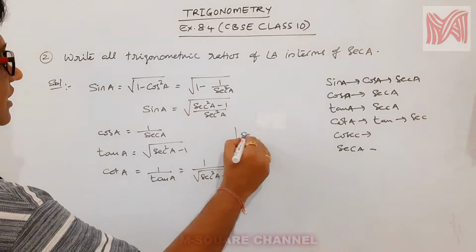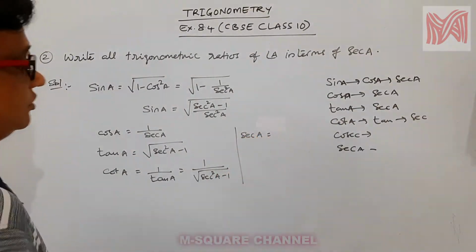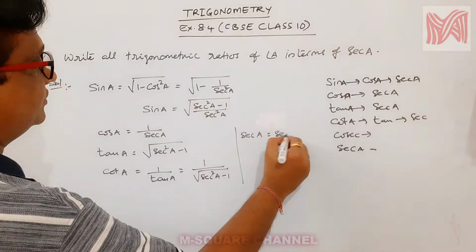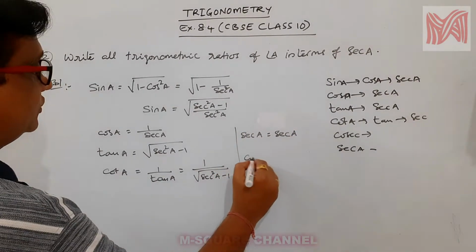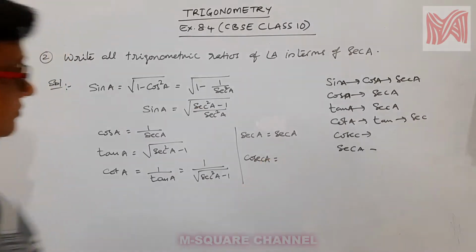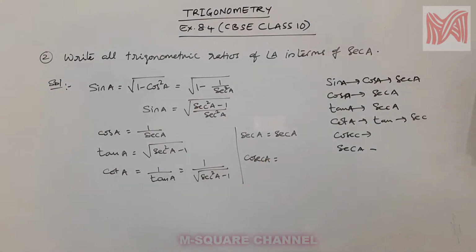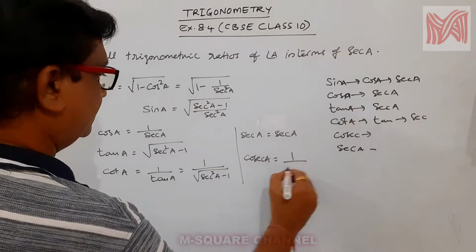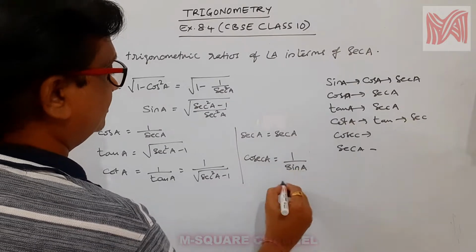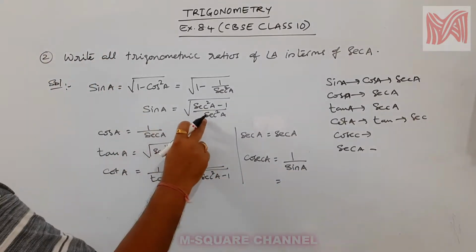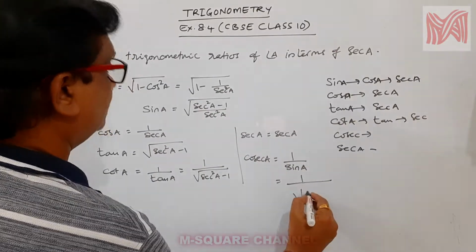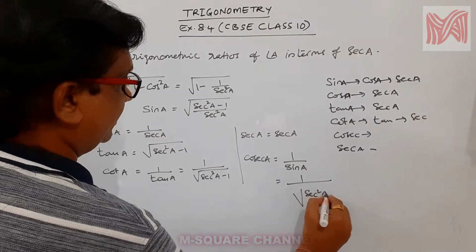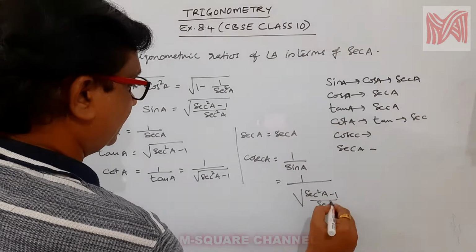Next one is secant A. Secant A only, because secant A equals secant. Now cosecant A. Cosecant A, you can write 1 by sin A. What is sin A? This one, root of secant square A minus 1 by secant square A.